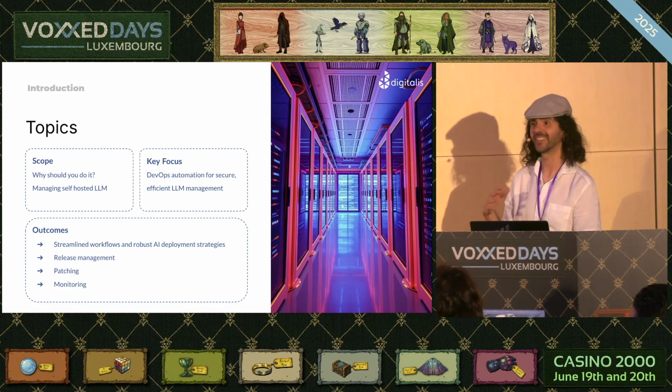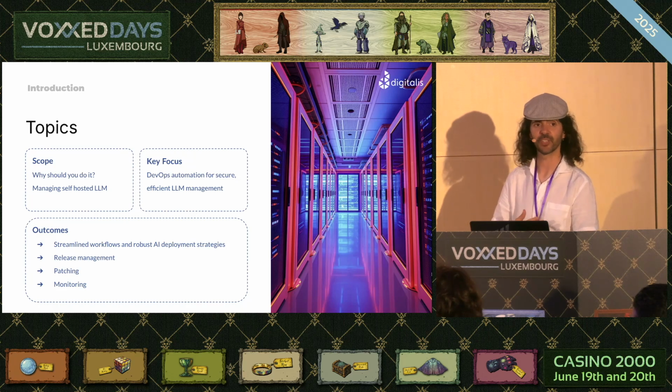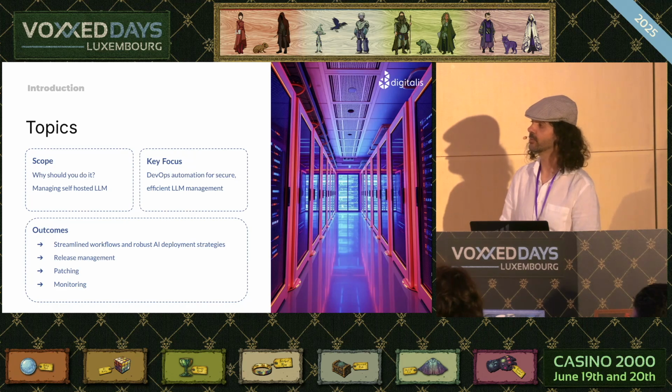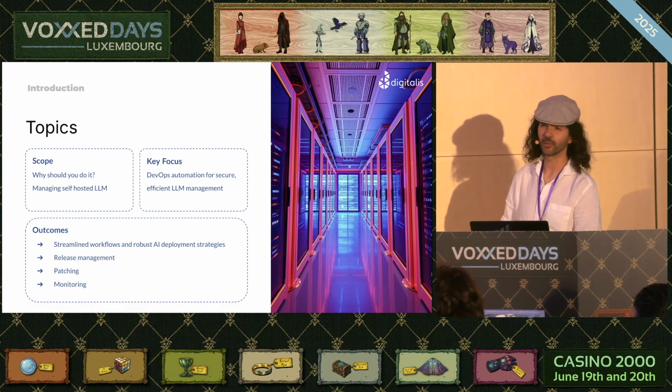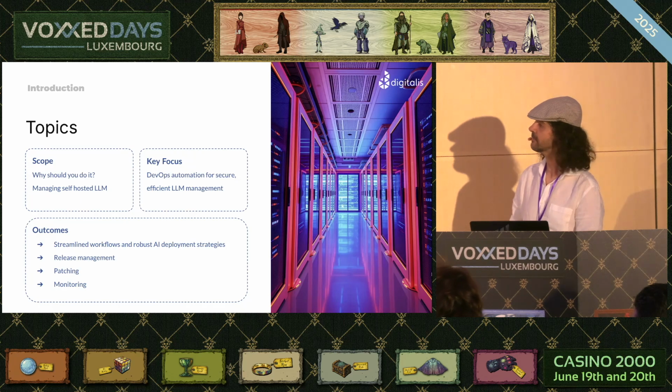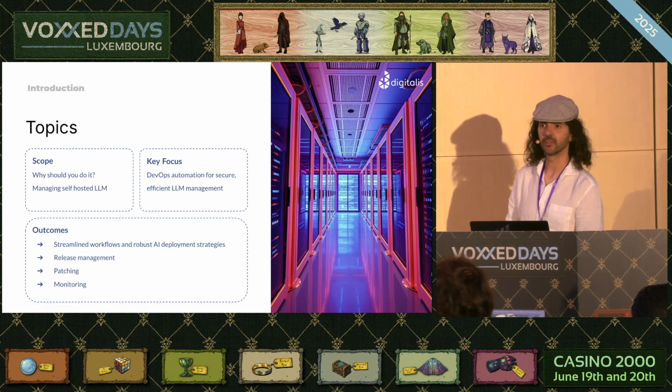This is a talk about maintaining and supporting LLMs with DevOps techniques. I will be talking a lot about LLMs as well, but most of the things I learned are from the developers in my team, not as a developer myself. So I'm going to cover all the different aspects of why we need to deploy LLMs and how we do it.